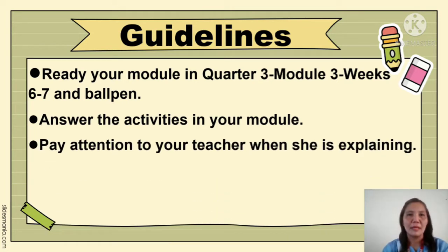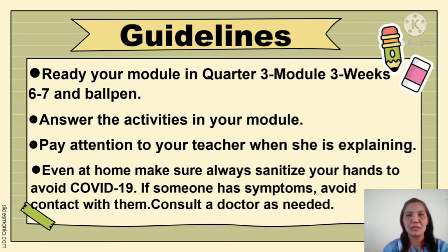Next one, pay attention to your teacher when she is explaining. And most importantly, even at home, make sure you always sanitize your hands to avoid COVID-19. If someone has symptoms, avoid contact with them. Consult a doctor as needed. With these guidelines, it will help you answer the modules and protect you from COVID.